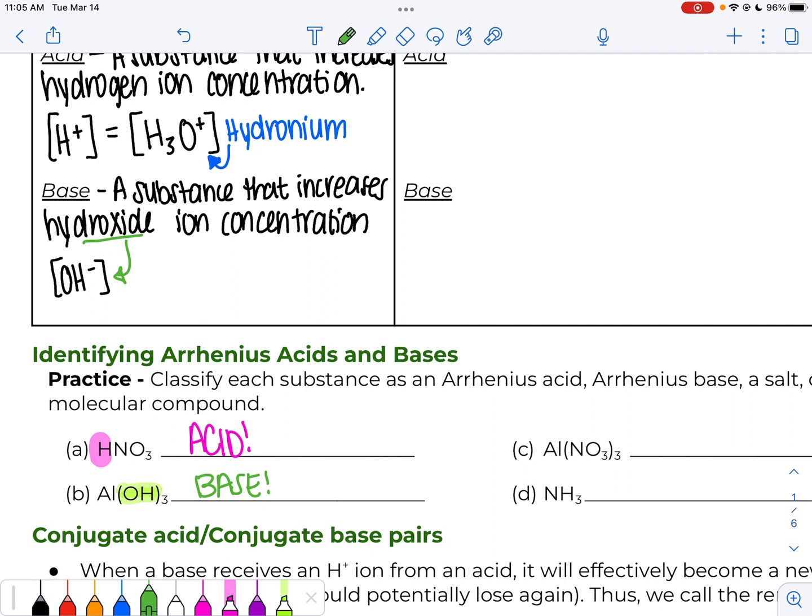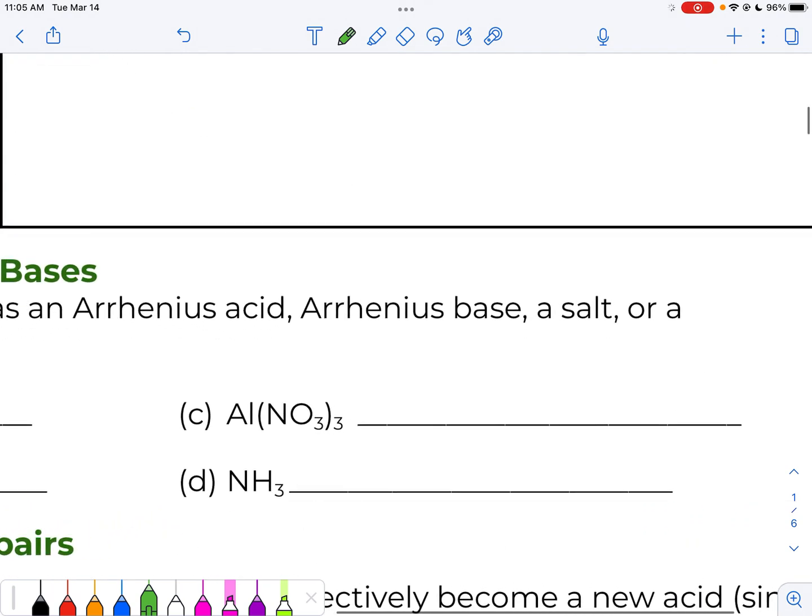All right, moving on to Al(NO3)3. Okay, is it an acid? Do I see any hydrogens? No. Okay, is it a base? Do I see any hydroxides? No. All right, next up on our list is a salt. So a salt is just a general word for any ionic compound. Ionic compounds are made from a cation and an anion, and I have right here a cation and an anion.